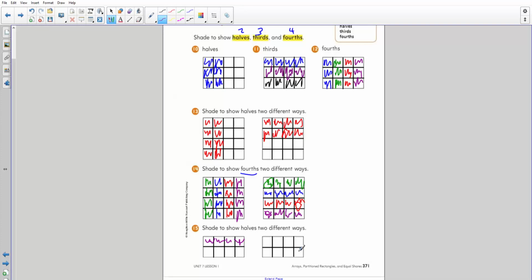So what's another way to do it? Did you just say columns? Oh, okay. I'll fill in a column. Is that half? No. There's more white than there are purple. Let me try another column. Is that half? Yes. There's 4 purple and 4 white. Remember, you fill a whole column or a whole row.